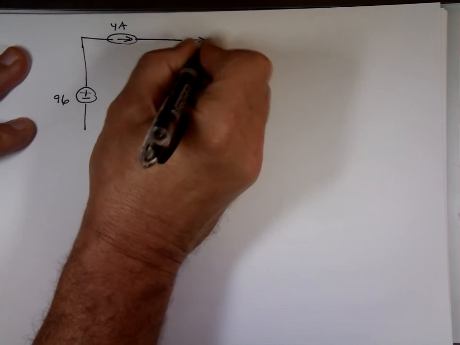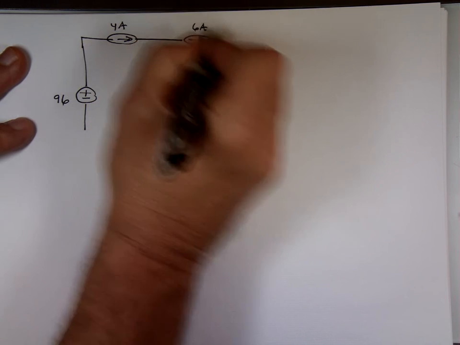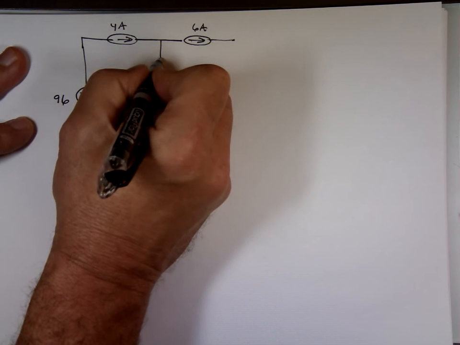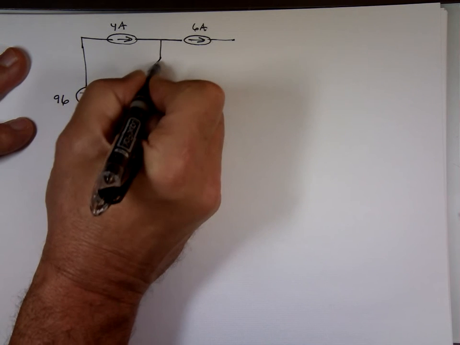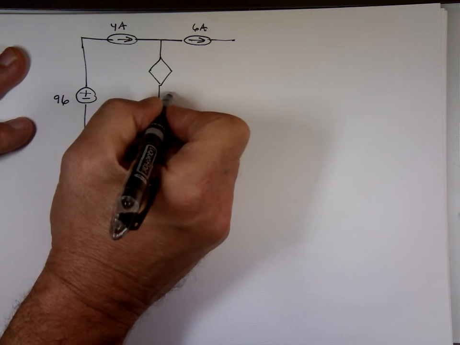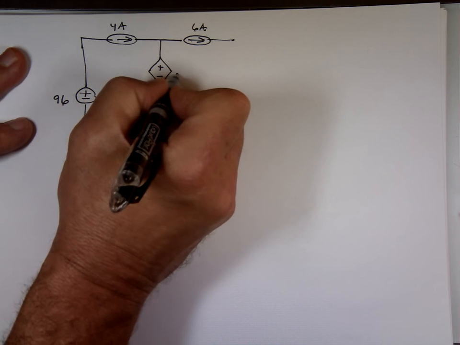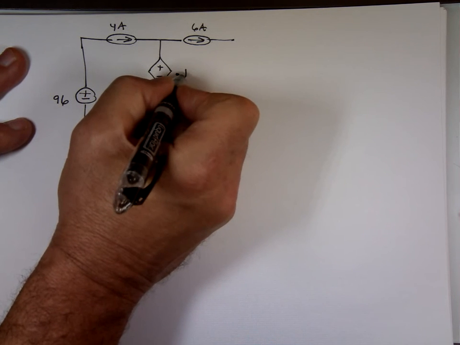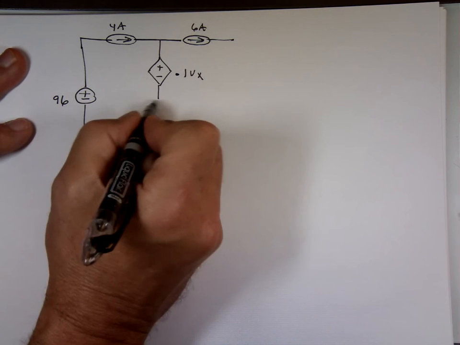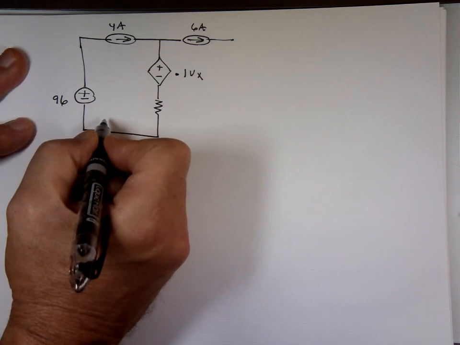This is 6 amps. Dependent source here, plus to minus 0.1, we'll call it Vx. This is 40, and let's call this Vx right there.